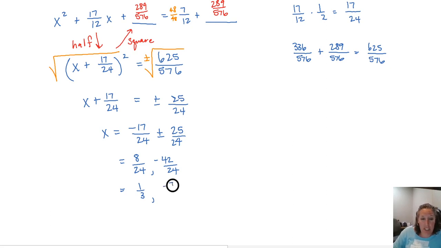So if we divide by 6, we get negative 7 over a positive 4. And that will give us our solution set. So 1/3 and negative 7/4.